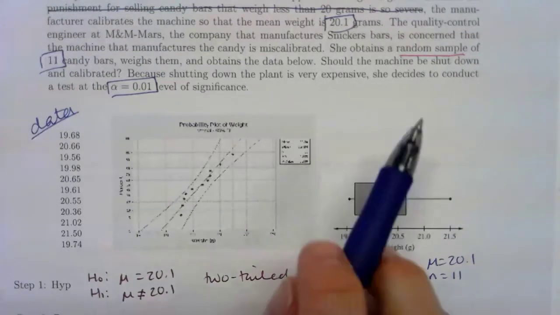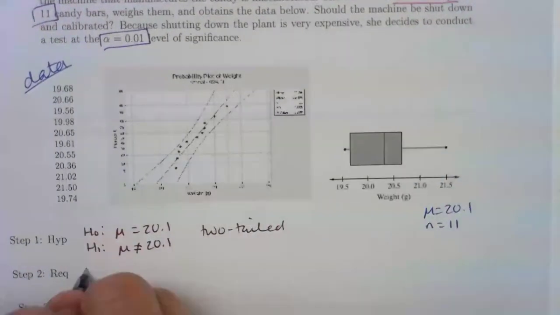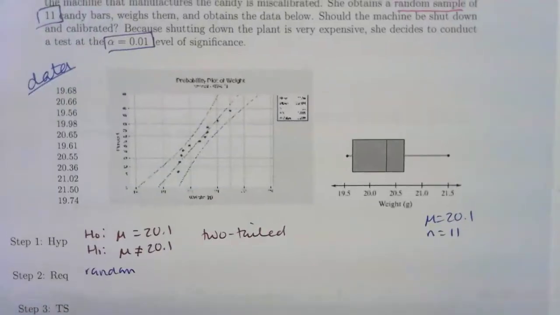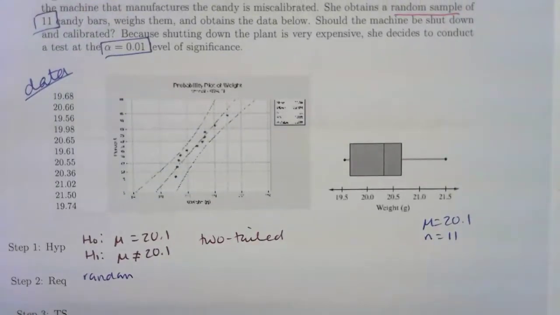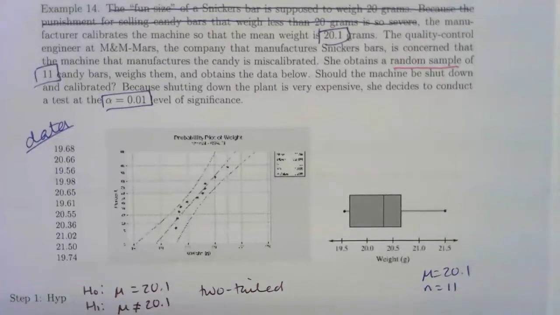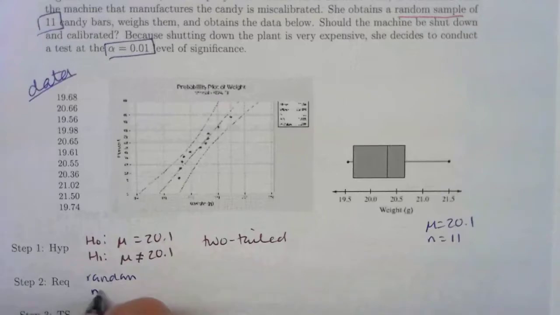We can check our conditions. We have a random sample, which means our sample will be representative of the population. And then we have a series of things here. We do not have information about the population weight of these candy bars. So it doesn't say anything about the population being normal. Our sample size is 11, which is less than 30.